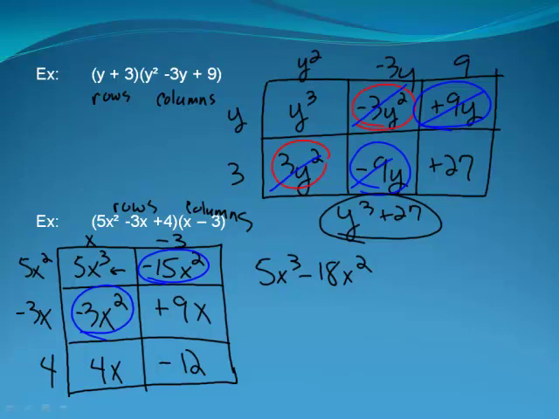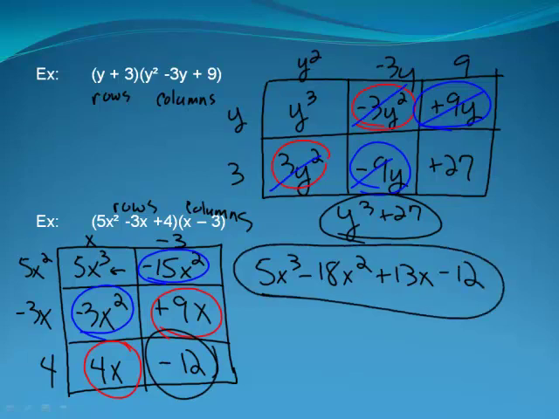We've got positive 9x and positive 4x. 9 plus 4 is plus 13x. And then the only thing left there is our constant by itself. That's minus 12. And there is the answer, and it should be the same answer we got before using the other 2 methods.